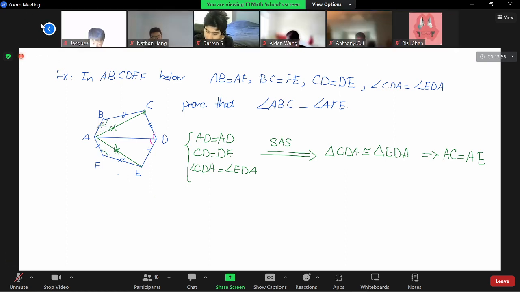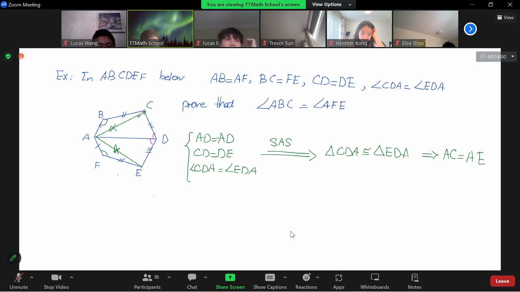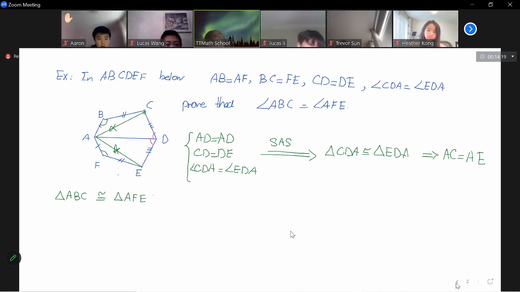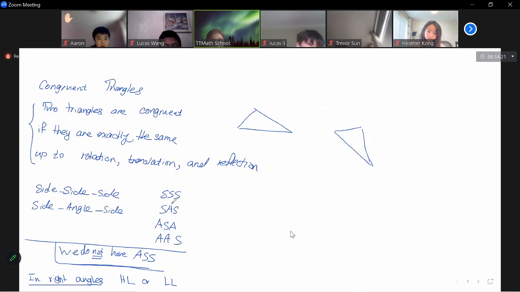If these two sides are equal, I now need to prove these two are equal, right? So I can look at their corresponding triangles, the triangle ABC, which is congruent to triangle AFE by what? Anyone? By side, right?